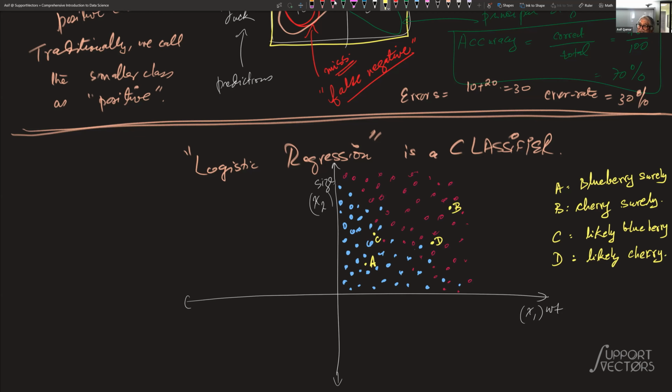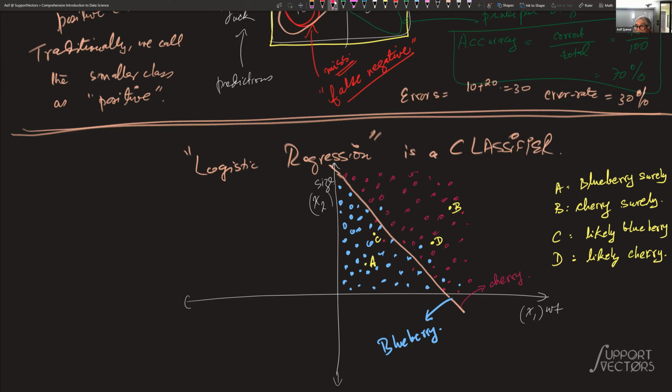See, the moment you look at this data and I ask you to guess the points, your mind begins to draw an imaginary line like this. In your mind, you begin to say this side is blueberry, and on this side, it is cherry.